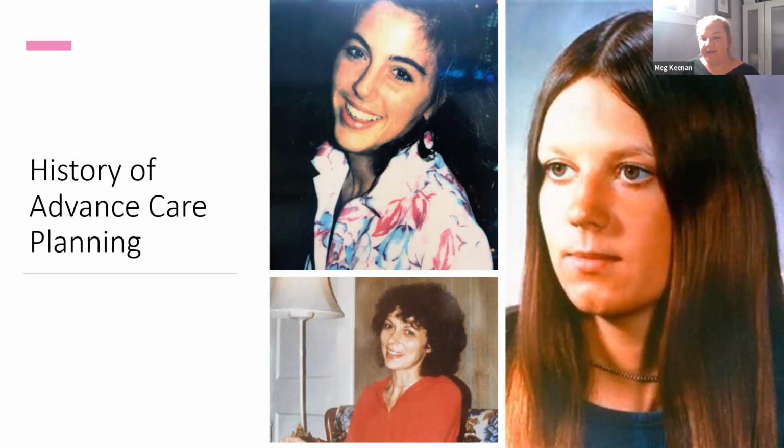And in this case, Terri was married. Her husband stated that he knew her wishes and she would not want to be kept alive in these conditions. Terri's parents disagreed, said she was a staunch Catholic and would believe in all life-saving interventions. So Terri's husband and her parents were at odds in this case.